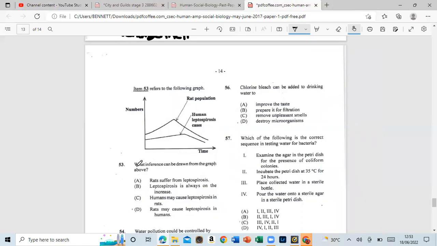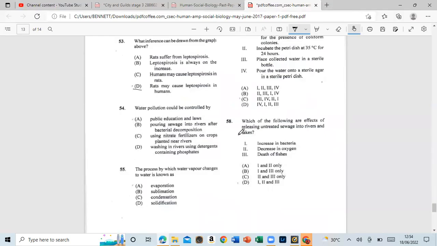What inference may be drawn from the graph? A. Rats suffer from leptospirosis. B. Leptospirosis is always on the increase. C. Humans may cause leptospirosis in rats. D. Rats may cause leptospirosis in humans. I'm going to go with D. That makes more sense. All right.